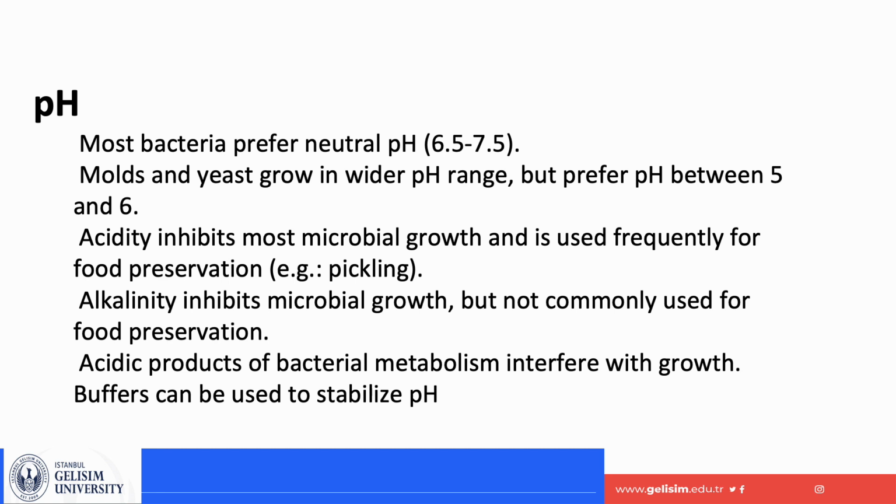Buffers are compounds that have the ability to absorb or release hydrogen ions, and this helps to maintain a stable pH. So proper pH control is critical in many microbiological applications, including food preservation, as well as industrial fermentation, and also in medical diagnostics.